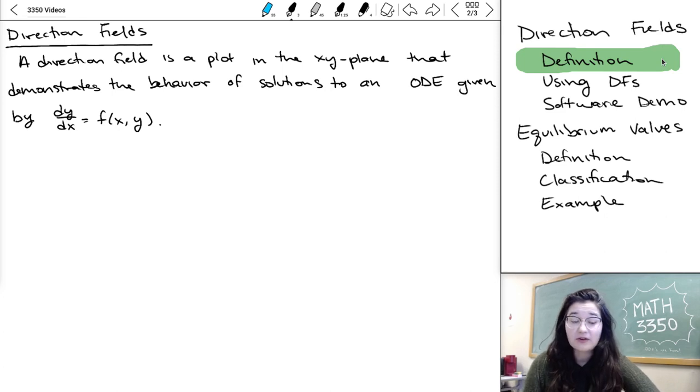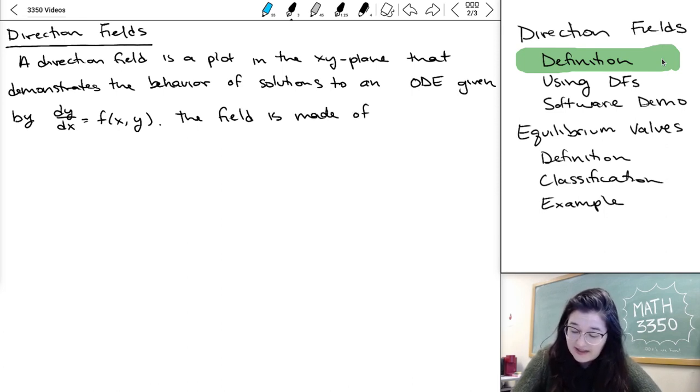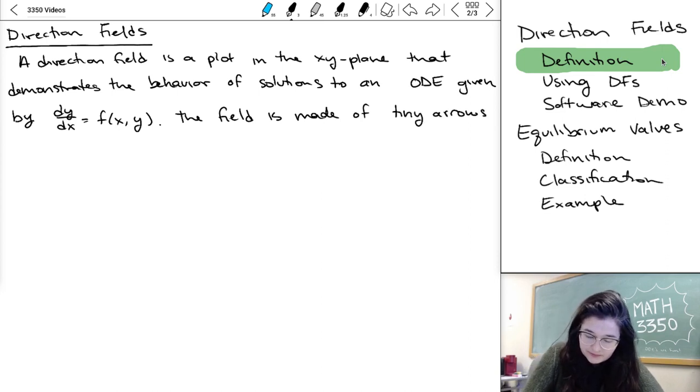And what the direction field looks like is, the direction field is made of tiny arrows at every point in the XY plane.